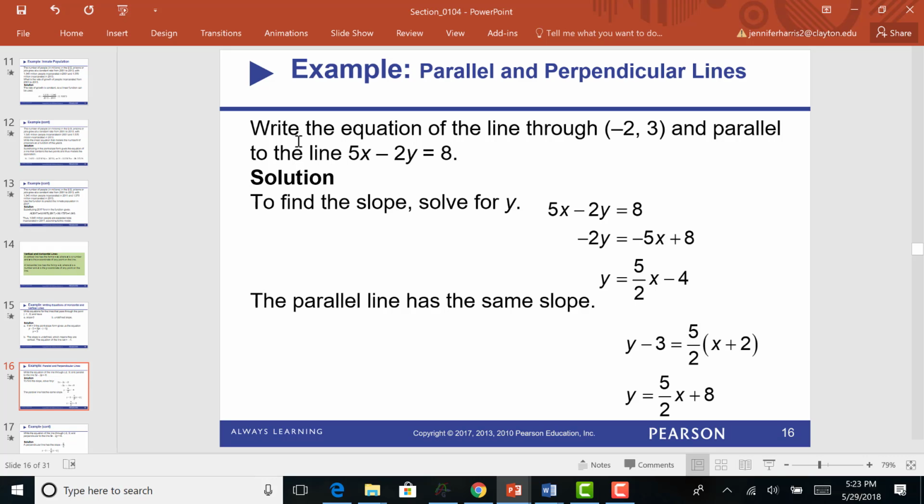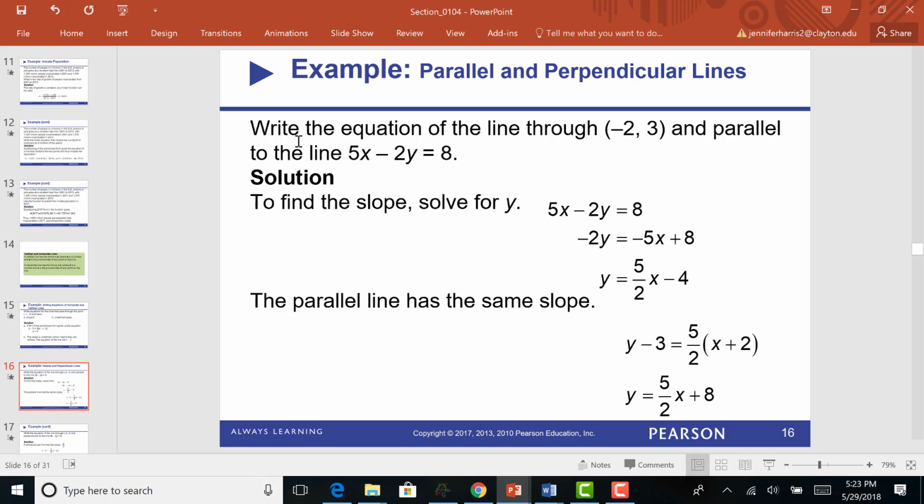That equation is 5x minus 2y equals 8. What should I do first? Subtract 5x from both sides. I end up with negative 2y equals negative 5x plus 8. Divide both sides by negative 2.